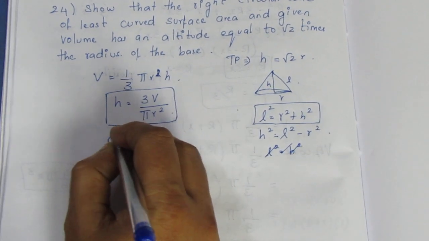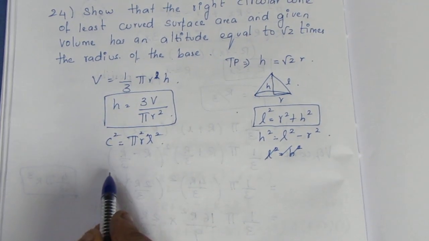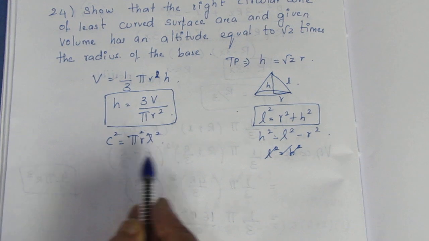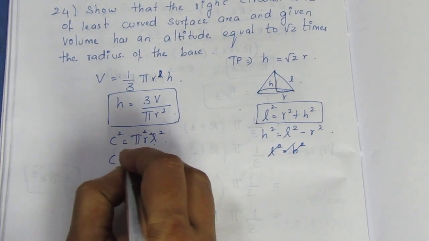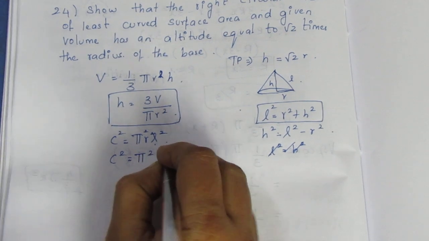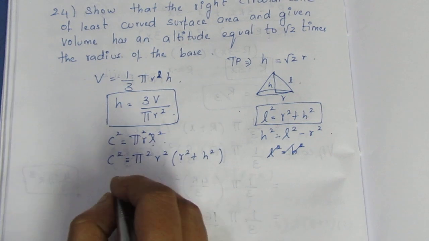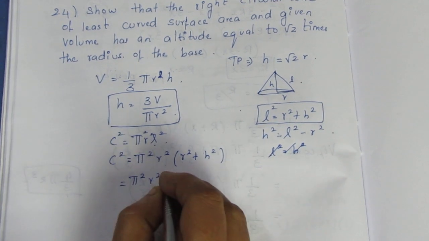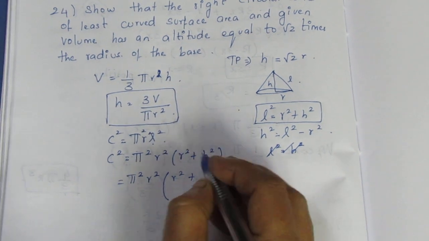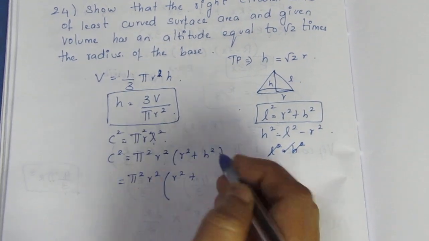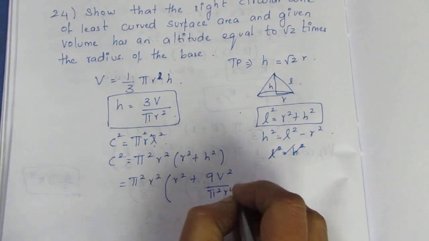For that I am going to square all the terms. So the curved surface area, I am just squaring everything. In the place of L² we can write C² equals π²r² times (r² plus h²). And for h² it can be written as, squared, 9V² by π²r⁴.